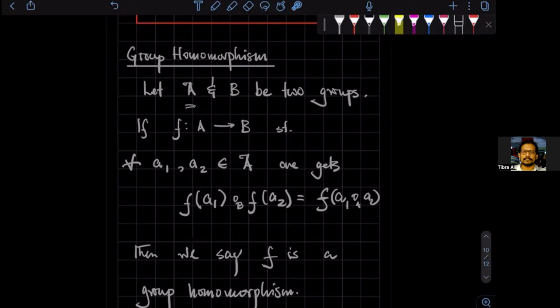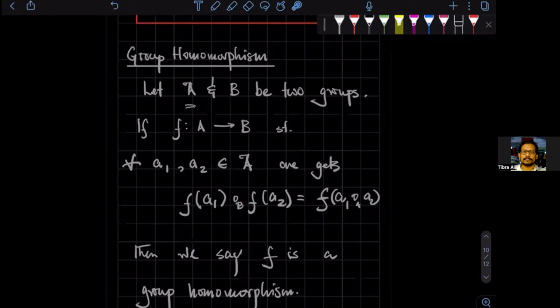So if I take two elements in A, say A1 and A2, multiply them together, and the map takes me to some element in B. Now, if I had taken each of these elements, A1 and A2, separately to this new group B, there is no guarantee in general that when I multiply these two elements in B, they will take me to the same element as the right-hand side.